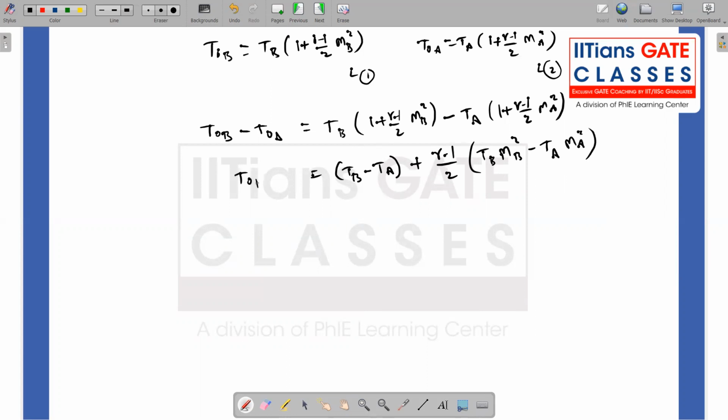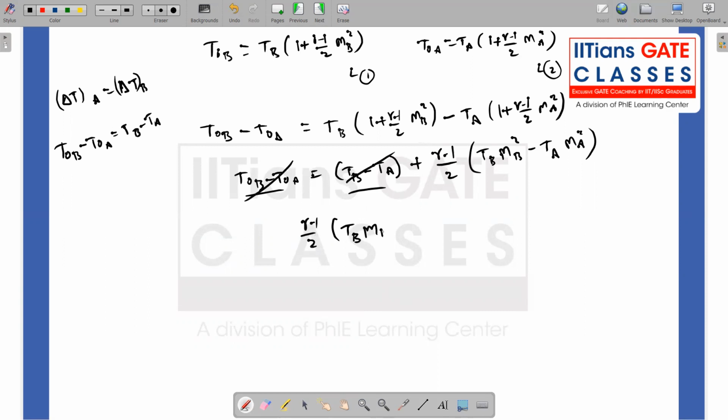On the left hand side I have T naught B minus T naught A, and from the given statement, delta TA equal to delta TB, we obtain the relation that T naught B minus T naught A is nothing but TB minus TA. So this and this are the same, and we can cancel them out. What I get is gamma minus 1 by 2 times TB MB square minus TA MA square equal to 0. So this gives me a relation between T and M.